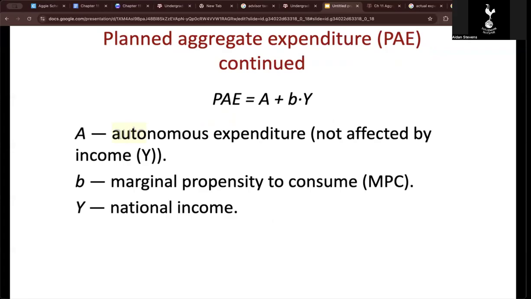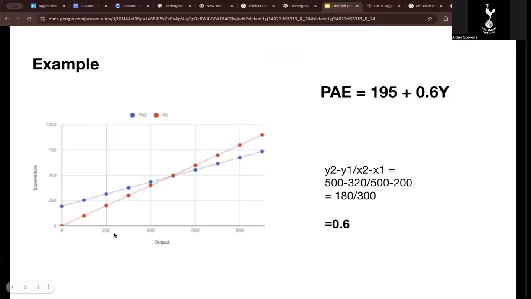So, for example, if you were to receive a $1 raise per hour from your boss and you decided to spend 50 cents of it, your marginal propensity to consume would be 0.5. This can go as big as any amount of raise. Say you got a $100,000 raise and you spend $50,000 of that raise, your marginal propensity to consume is still 0.5. And the national income is just overall how much the people inside the country are making on a year-to-year basis for that year.